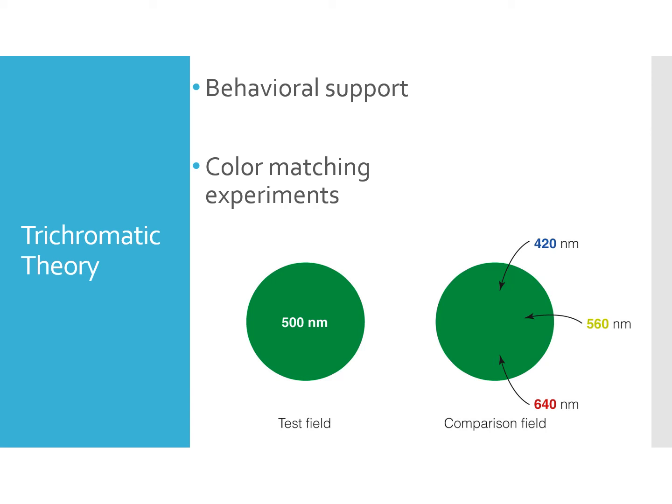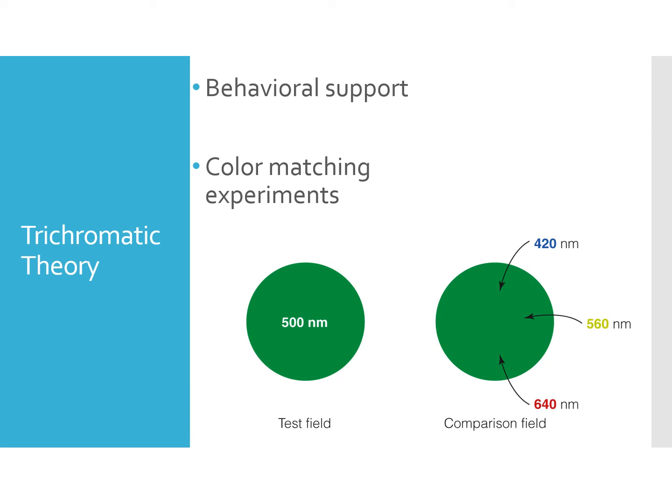When they gave them three different wavelengths, so in this example, 420, 560, and 640 nanometer lights, they could adjust those three lights such that they could match any color or wavelength that was in the test field. They needed three to match any.